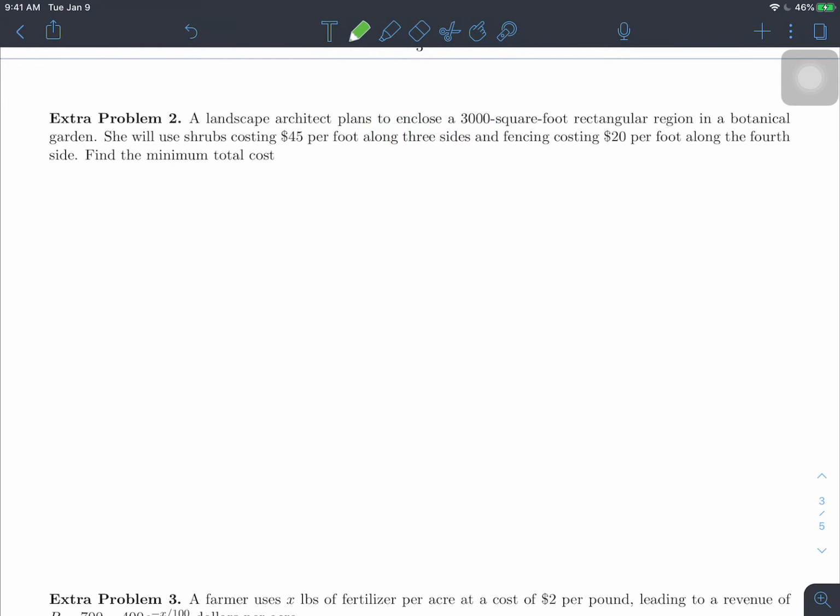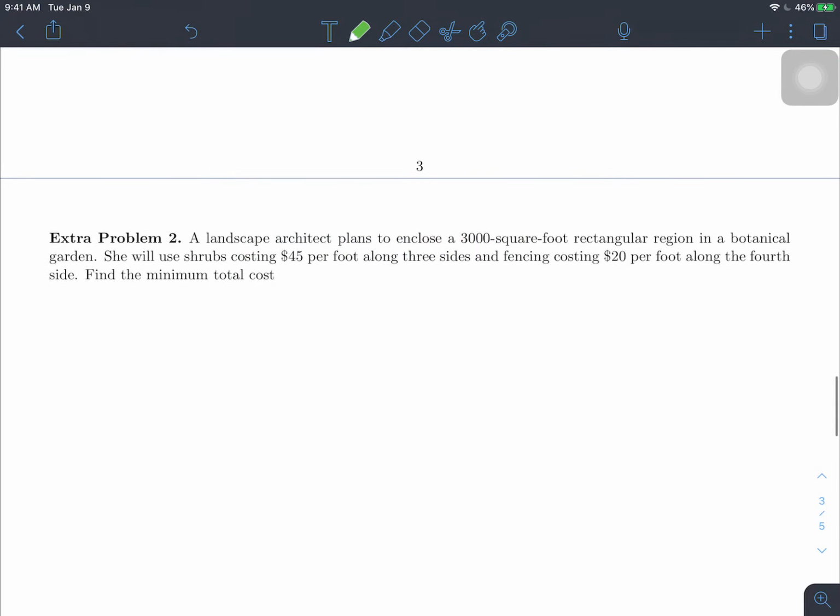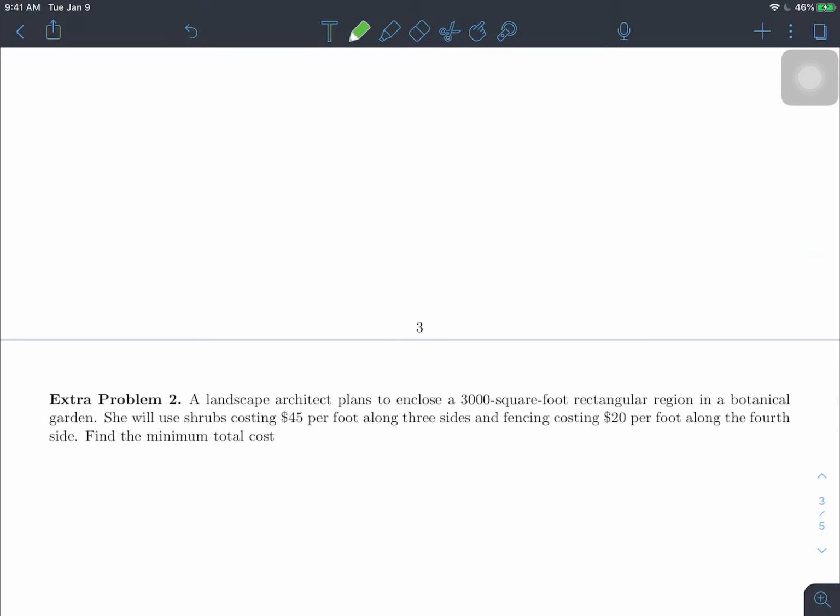Okay, with these things I find it's useful to do a drawing before you get started. So let's have a drawing of what is going on here. We have 3,000 square feet enclosed by shrubs and fence. 3 sides have shrubs and fencing on the last side. Okay, so what does it look like?